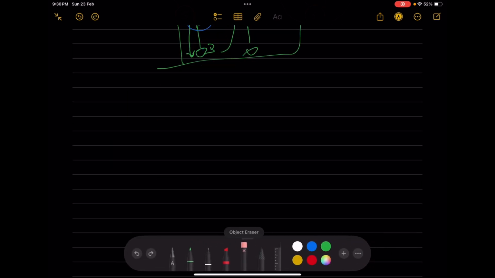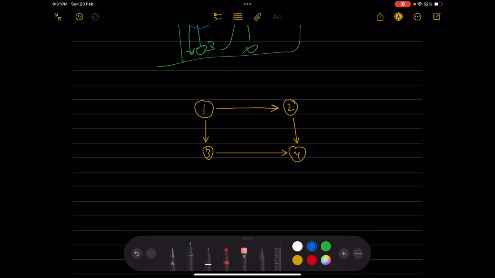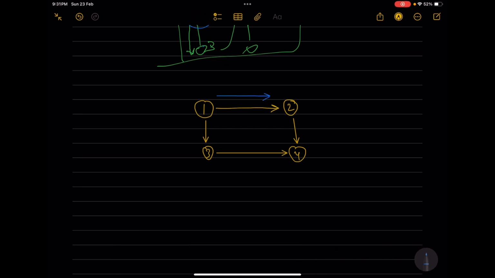Now let's discuss the weights in the graph. So here, if we say that if we move from node 1 to node 2, the weight of this edge is 3. That means, let's say city 1 to city 2, the distance is 3 kilometers between these two cities. Let's say the distance between city 2 and city 4 is 4 kilometers.